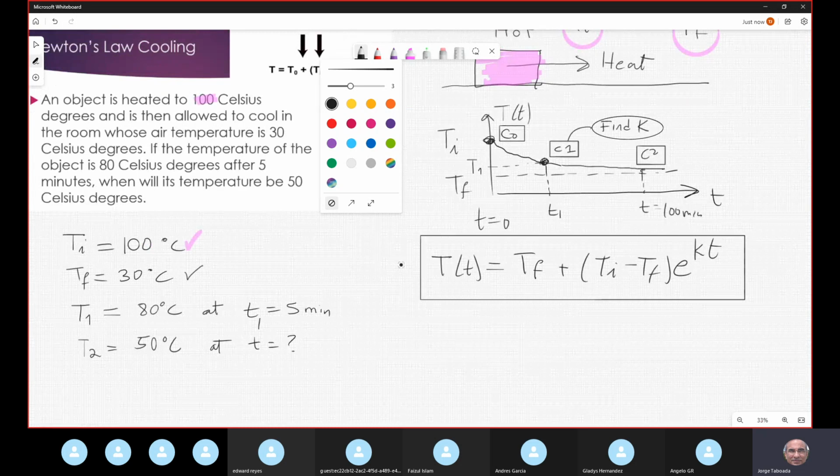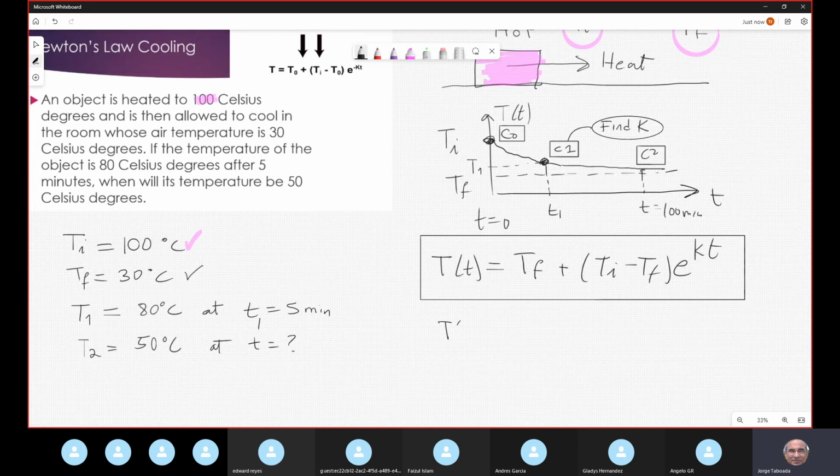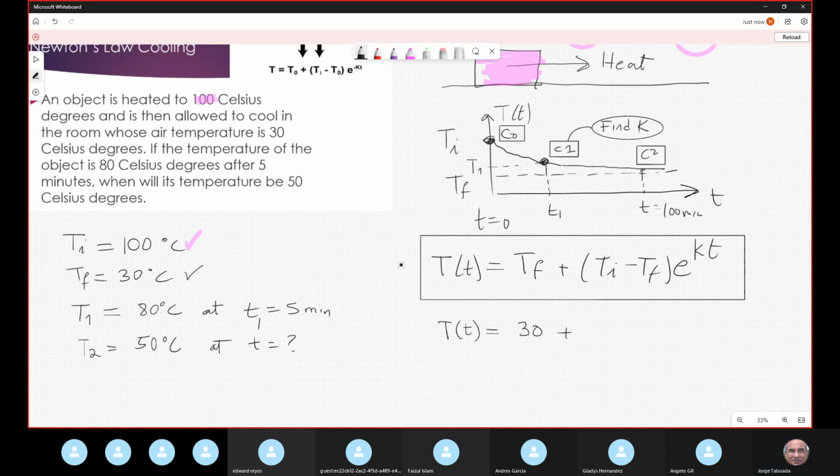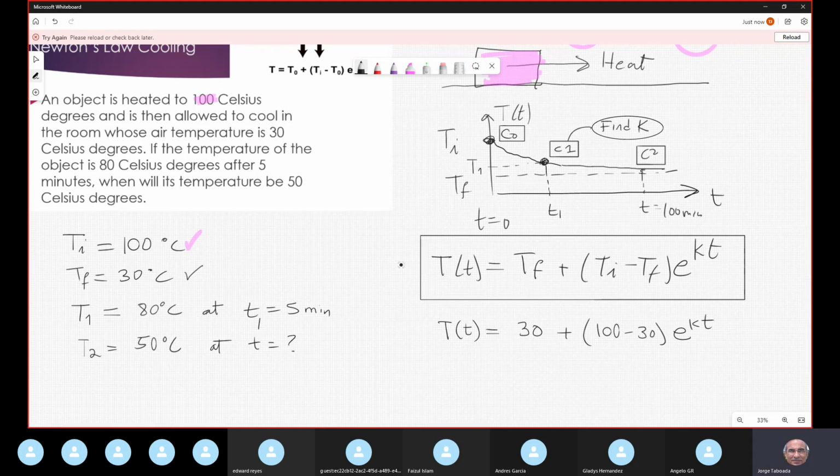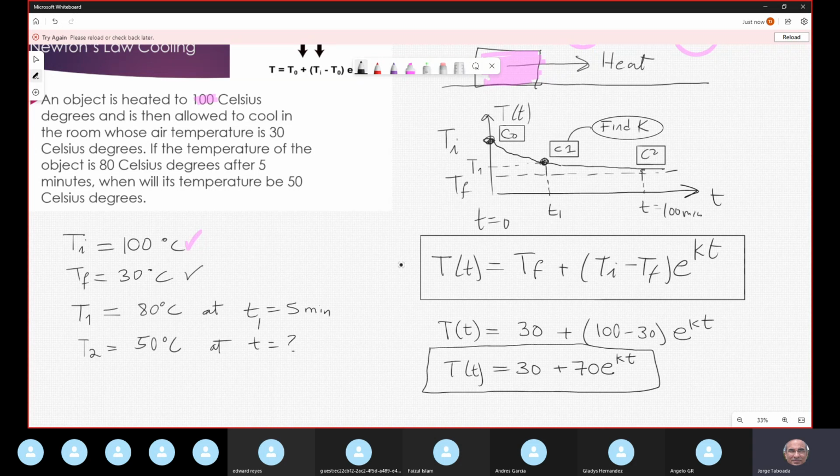So my formula, a specific formula for that problem, is: temperature at any time is equal to 30, the final temperature, plus the initial, 100 minus 30, gets 70, e to the kt. Actually, let me do a simplification a little bit. This is 30 plus 70 exponential kt. This is our formula, specific for the condition 0 of our problem.